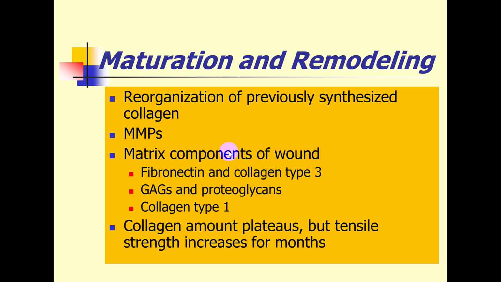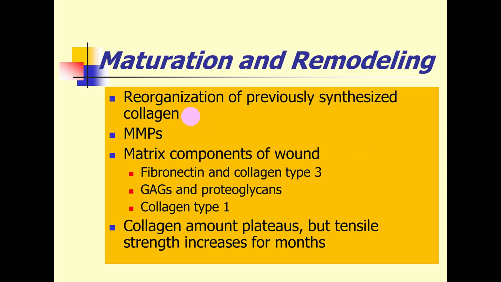Maturation, the last phase, is maturation and remodeling. First there is protection by hemostasis and inflammation, then proliferation to rebuild. After that, I must rematurate and remodel my building: reorganization of the previously synthesized collagen, changing from type 3 to type 1, which is stronger.